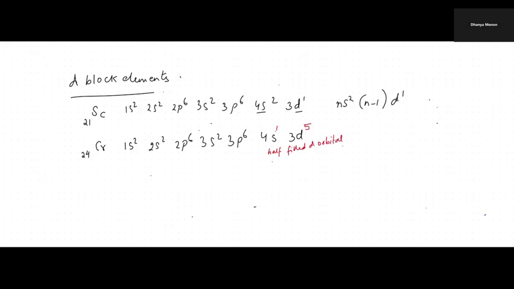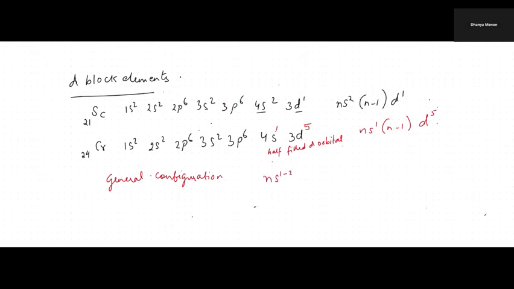Now here the general configuration is ns1 (n-1)d5. Now, the general configuration can be written as ns1 to 2.